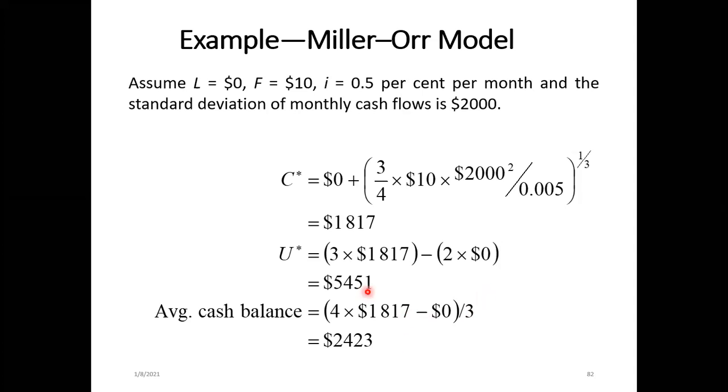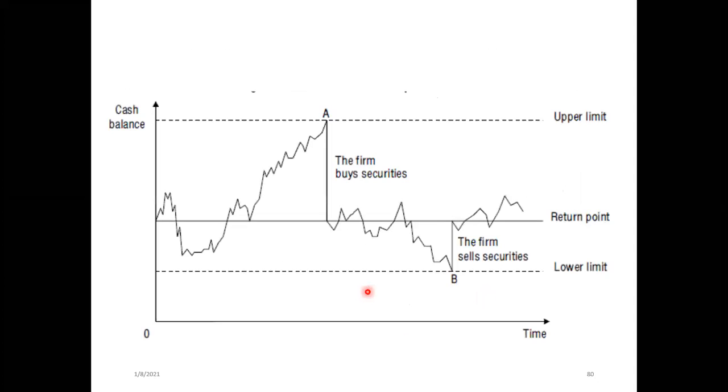So when we plot it on the graph, we already calculated how much the lower balance is. It is 0, isn't it? Therefore the lower balance is here. And how much is the return point? Anybody?